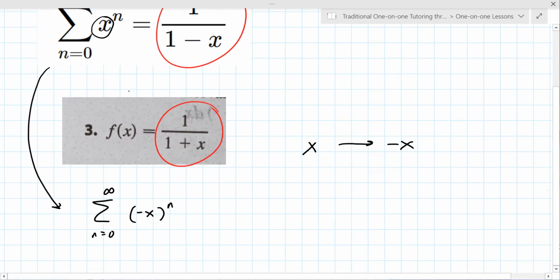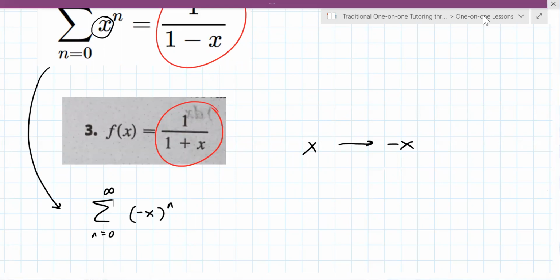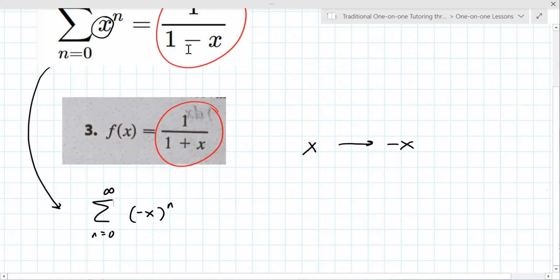Then you have to simplify, but that's the first thing they're asking you to do: determine the power series. Then we'll talk about the interval of convergence in a moment, but you figure out how this is different from the original, then you substitute your x back in and then you simplify.